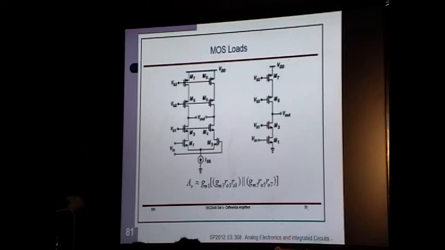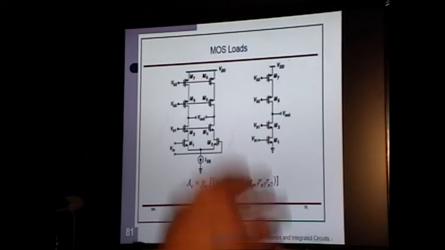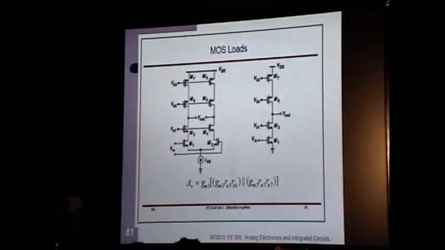The cost is that now you have 5 transistors stacked up here. To go from ground to VDD, you have 5 transistors stacked up. Each one of them is going to take a little chunk of the voltage. So either your V out won't be able to swing very far, or you have to raise VDD to get V out to swing as far as you need.